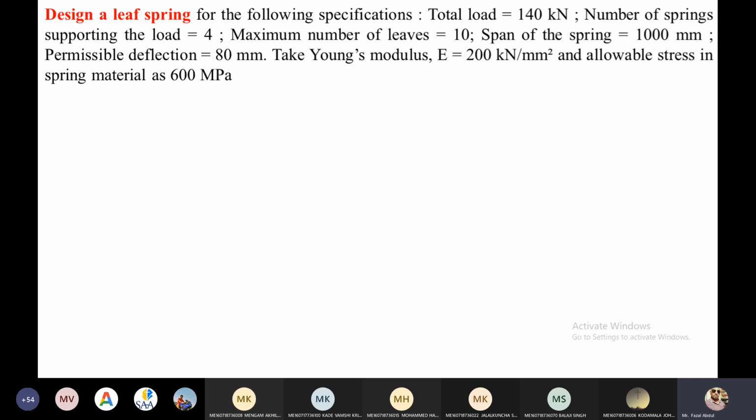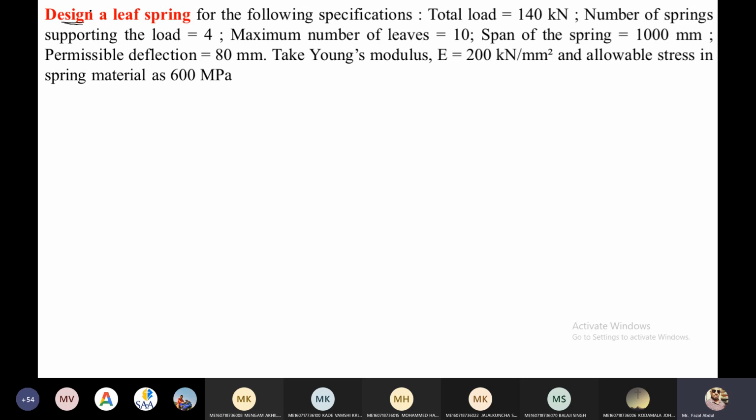So see here, this is a related problem to the leaf spring, the laminated spring. Design a leaf spring. The question is asking for design.